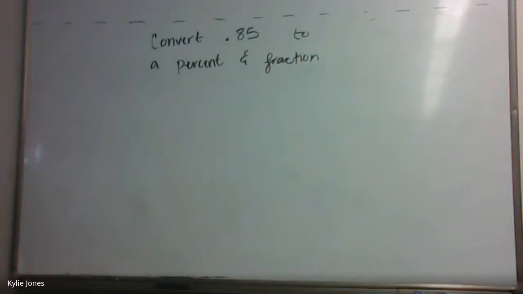You just put the numbers into the, so 85 and it's not there. So instead of just flipping the numbers, you need to do that. To change a decimal to a percent, you're going to move your decimal twice.